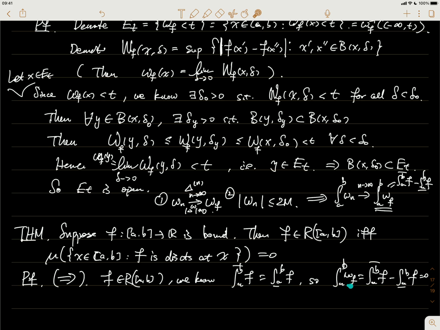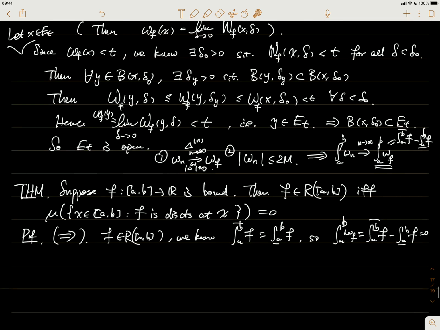We know that if Wf is greater than or equal to 0 almost everywhere and its integral equals 0, then Wf is equal to 0 almost everywhere.